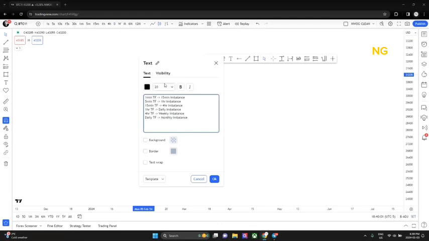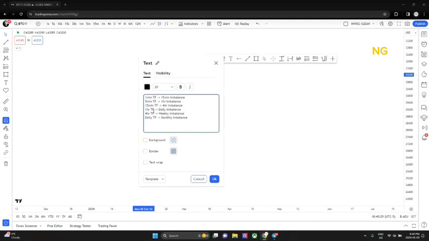So yes, this is the sequence that the algorithm refers to, right? 1 minute high or low, 15-minute imbalance. 5-minute high or low, 1 hour imbalance. 15-minute high or low, 4 hour imbalance. 1 hour high or low, daily imbalance.